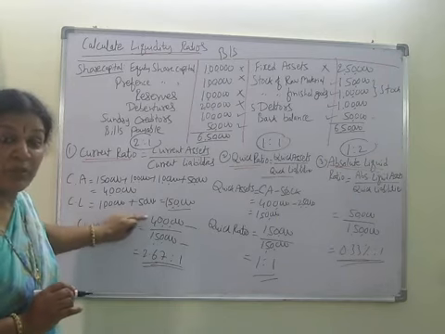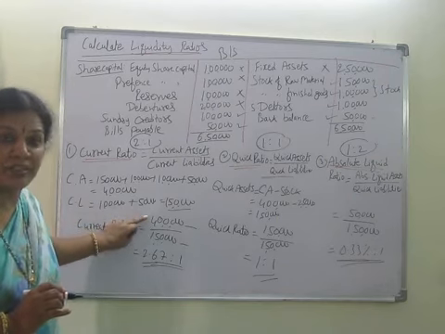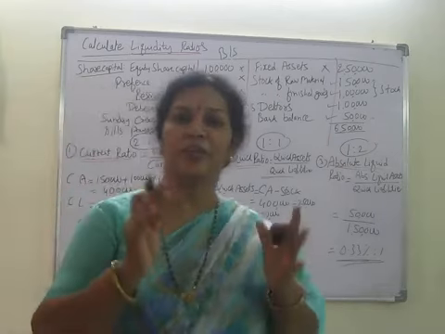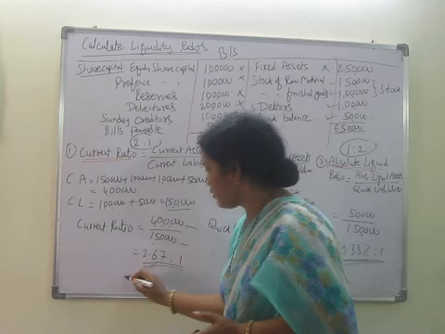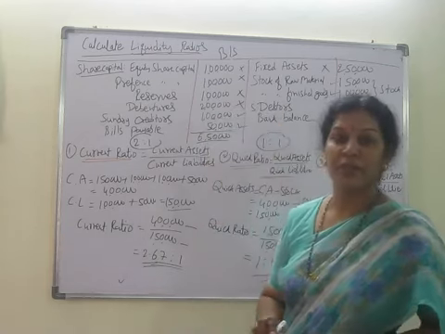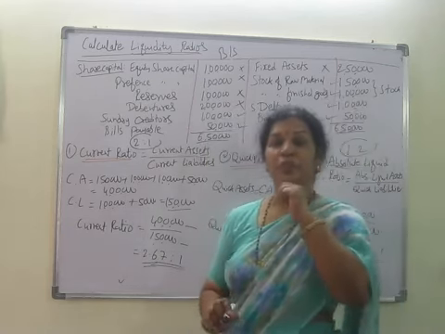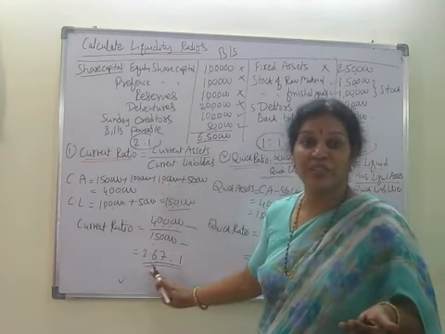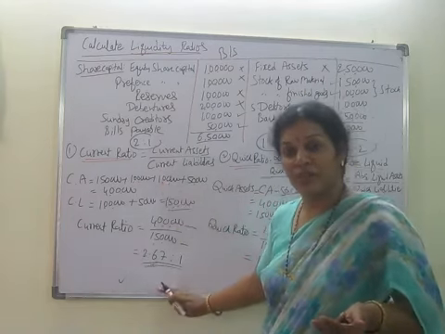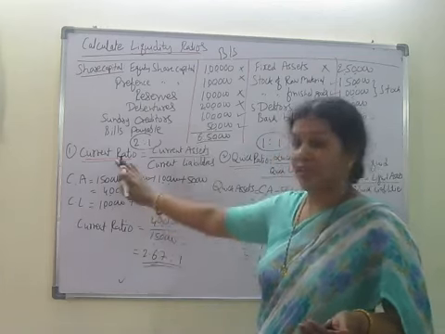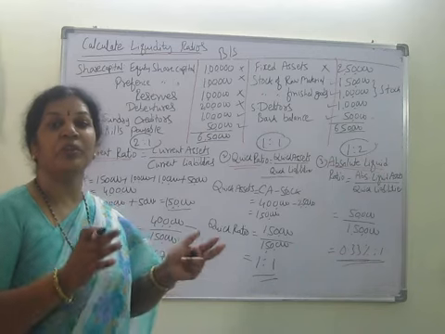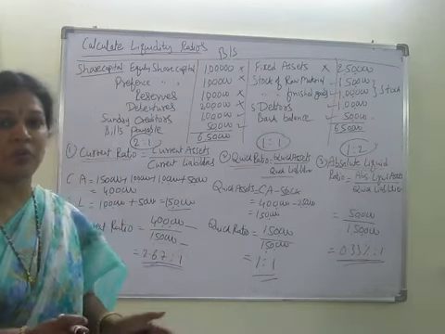More than double means current assets must be more than 3 lakh. It has 4 lakh. This is good and recommendable. As per the ideal 2:1 it should be, but it has crossed, at 2.67. So the current ratio is good, and the organization is in a good liquid position.